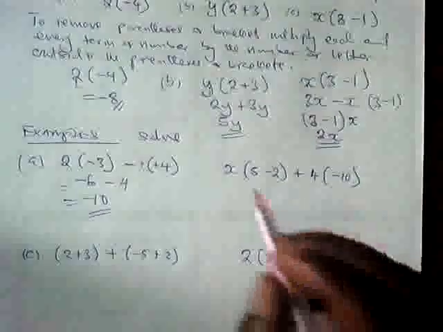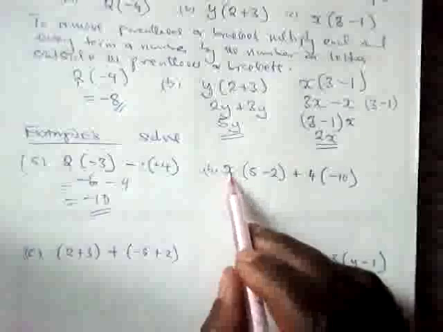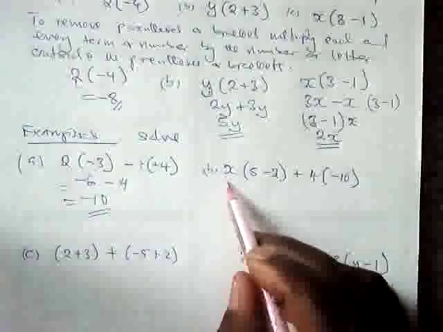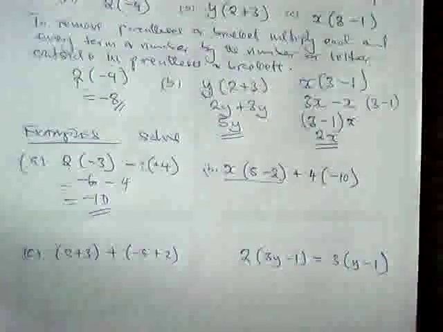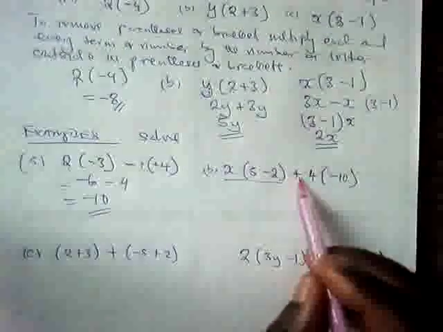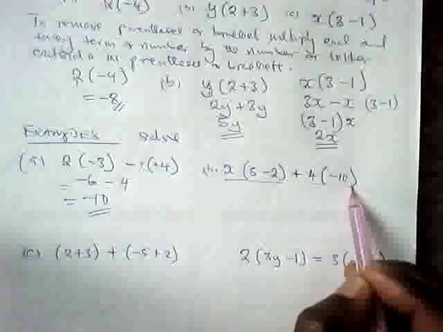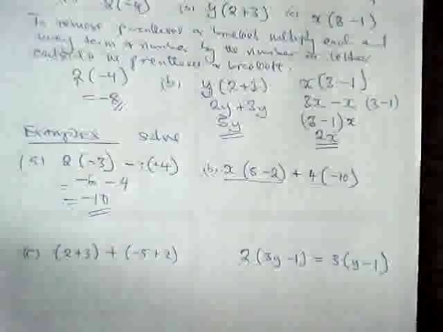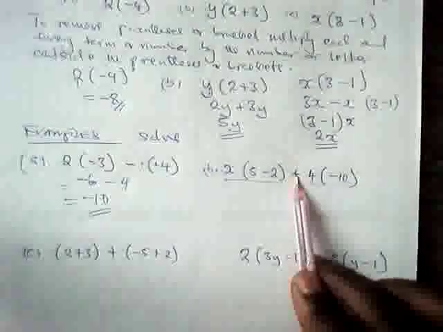We go to the next one, which is B. If you look at this, we are going to multiply x by each and every item inside here. This is a group that we are going to deal with. You don't use this x with what is on this side, because of the plus here, the operational sign. So this will also be done separately. There is a combination of addition and multiplication.